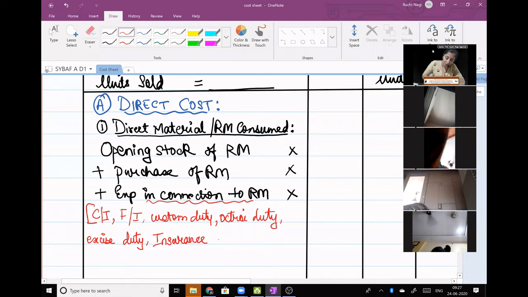If you have insured your raw material, obviously, insurance of raw material, import duty. So all these types of expenses I'm talking about here.